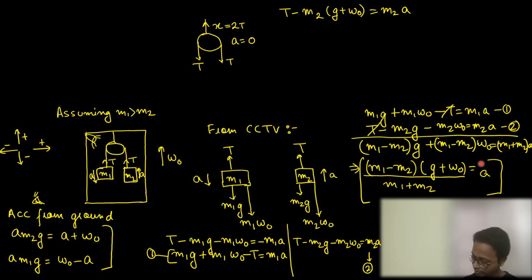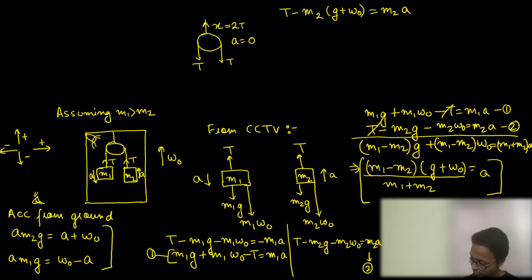I have already found the acceleration of the block m2 relative to the car. So out here we substitute the value of a, which is m1 minus m2 over m1 plus m2 into g plus omega naught. You get the gist: you substitute the value of acceleration by this value.